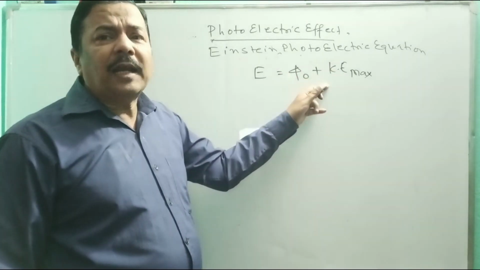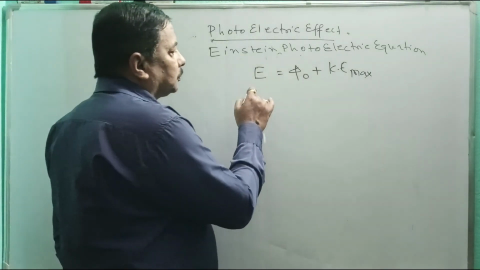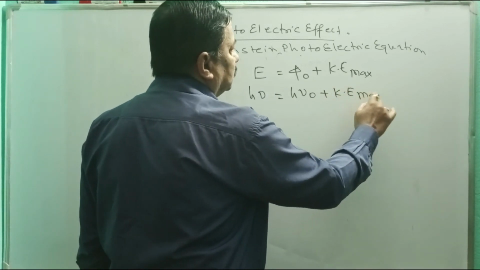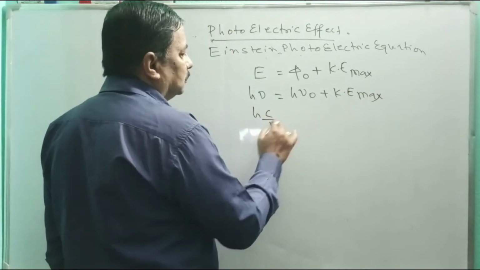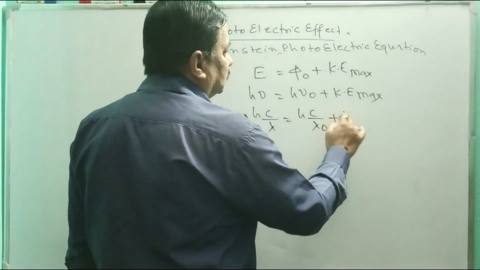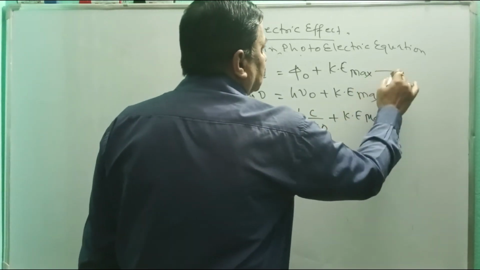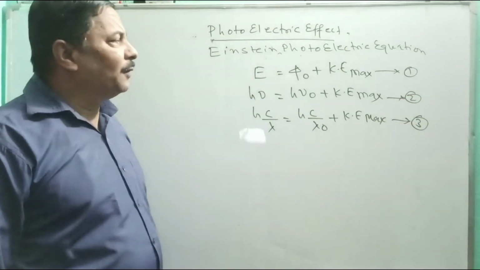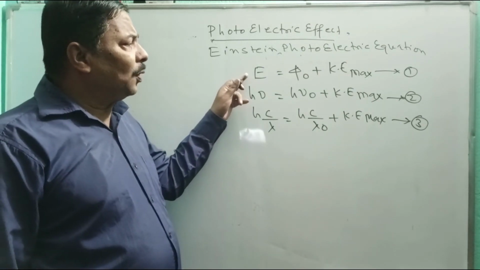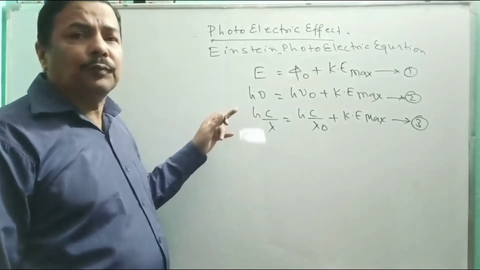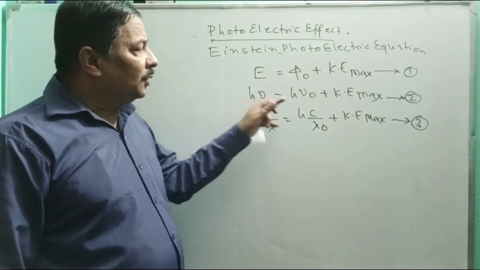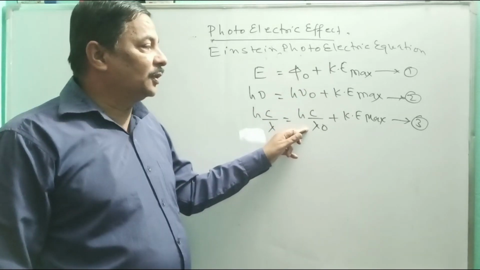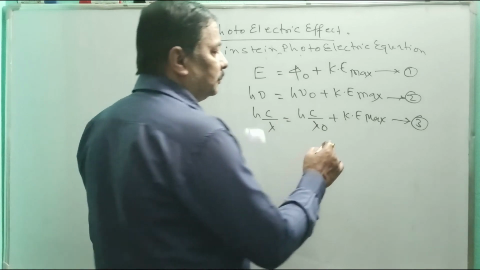This value can have other forms also. You should understand very carefully that all three equations are Einstein's photoelectric equation, in which nu naught represents the threshold frequency, lambda naught represents the threshold wavelength, and this is your Ke max.